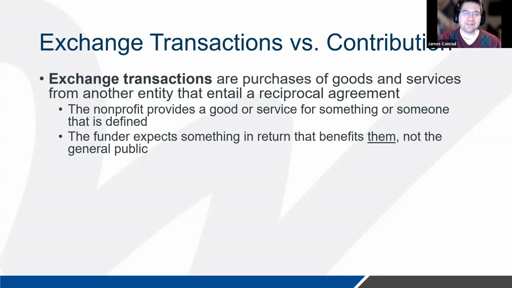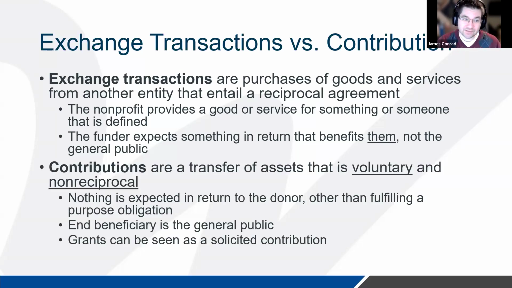So in an exchange transaction at the organizational level, the funder expects something in return that benefits them, not the general public. That is the key. The reciprocal benefit means that the giving organization wants something of commensurate value, or something roughly evenly the same value.